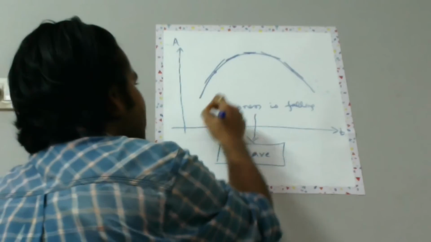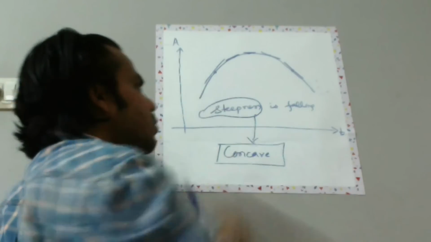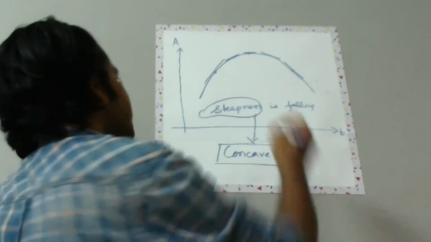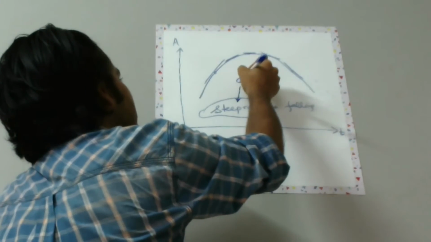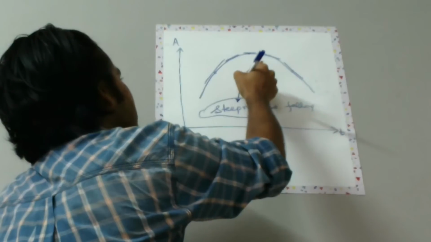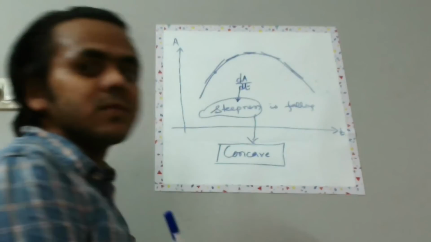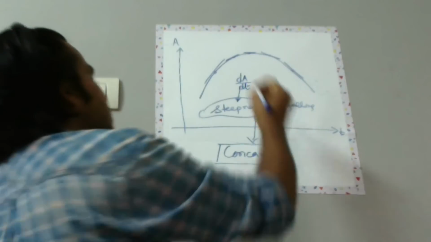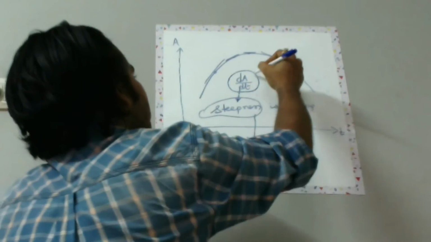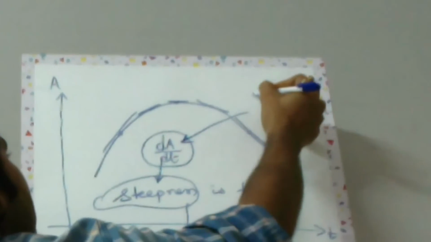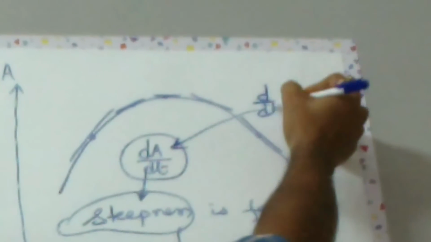Now if steepness is falling, what do we know about steepness? Steepness is essentially dA/dt, or the slope. So dA/dt is falling, which implies d/dt of dA/dt is less than 0.